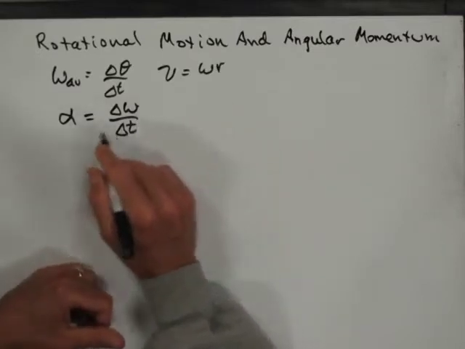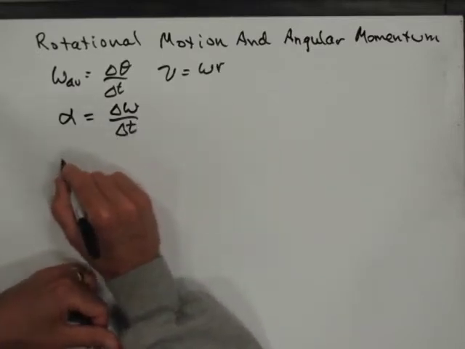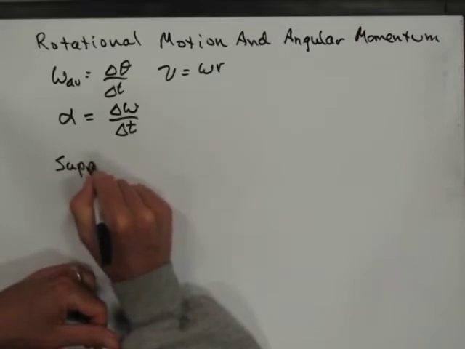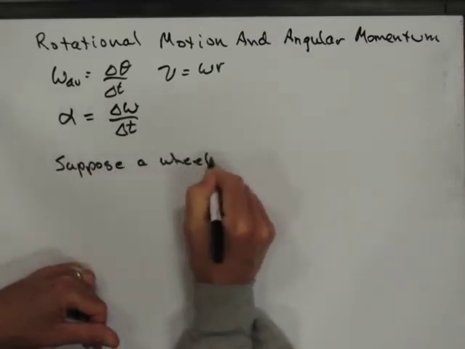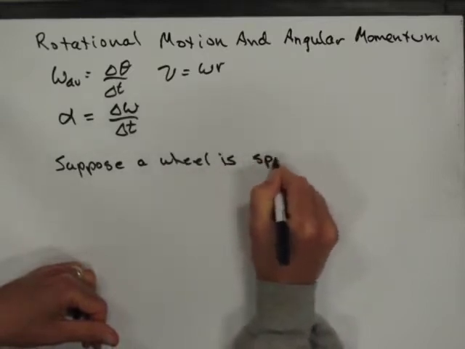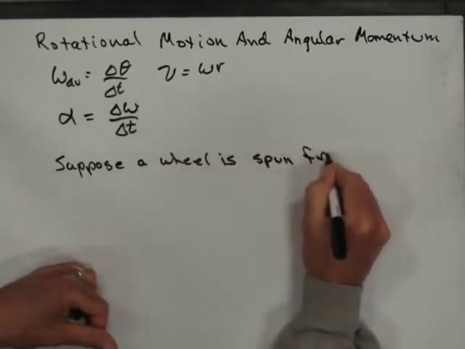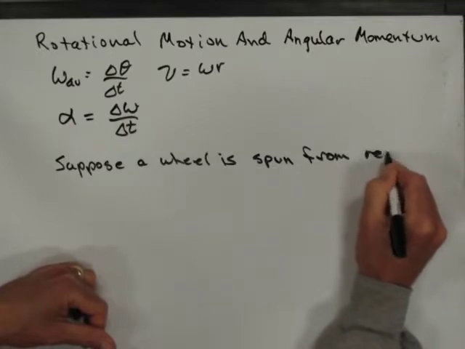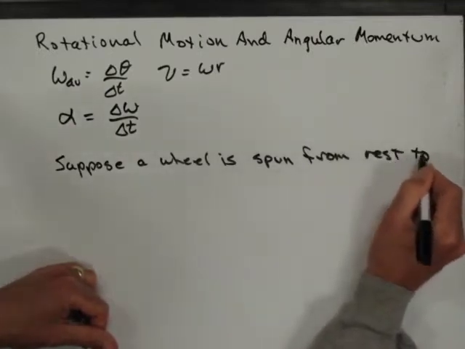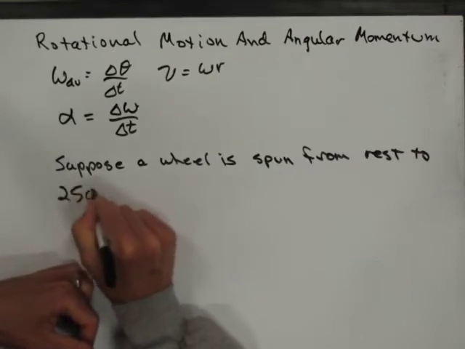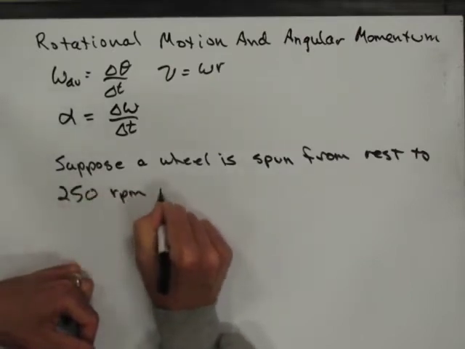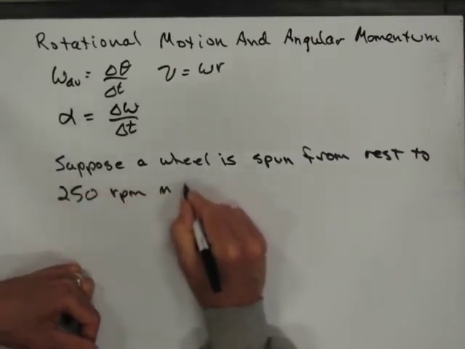And so here's an example. Suppose a wheel is spun from rest to 250 RPM in 5 seconds.